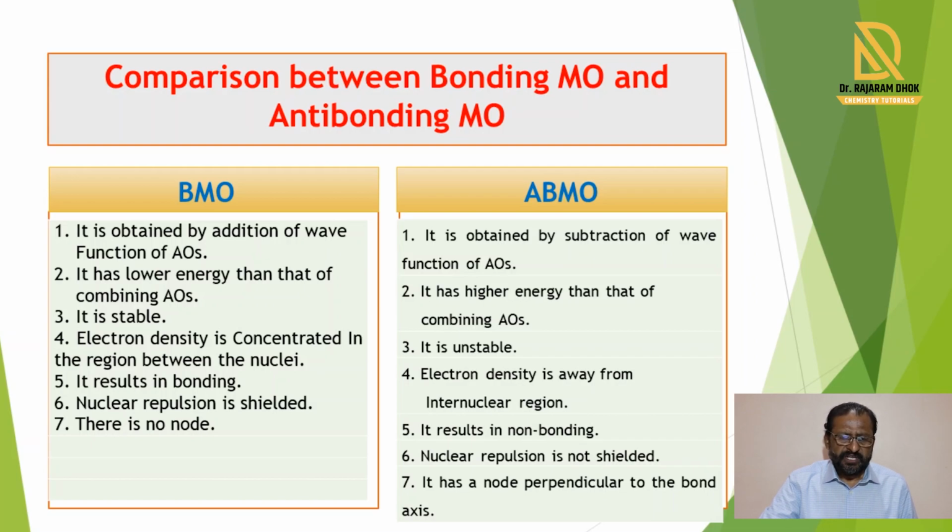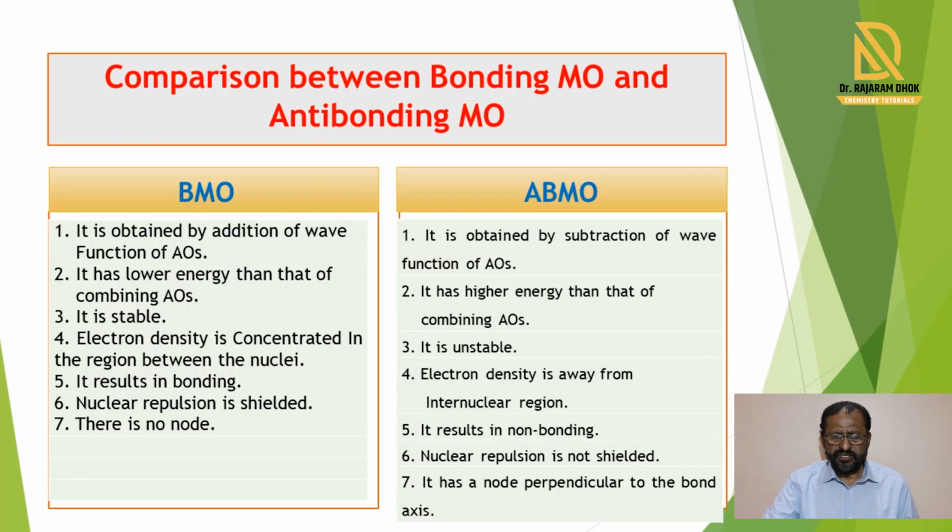Third difference: the bonding molecular orbital is stable because it has lower energy, while the anti-bonding molecular orbital is unstable because its energy is increased. Fourth difference: in the bonding molecular orbital, the electron density is concentrated in the region between the nuclei, while in the anti-bonding, electron density is away from the internuclear region.